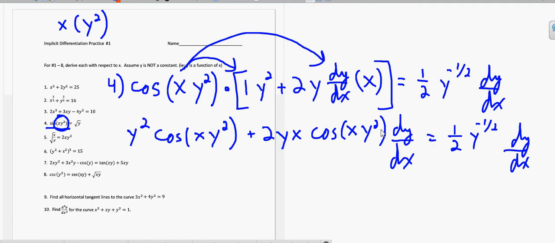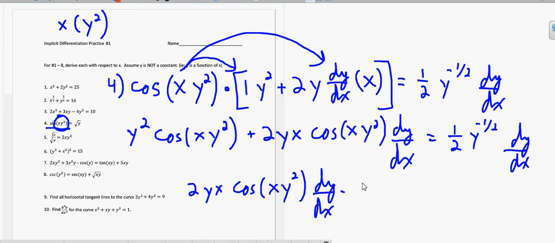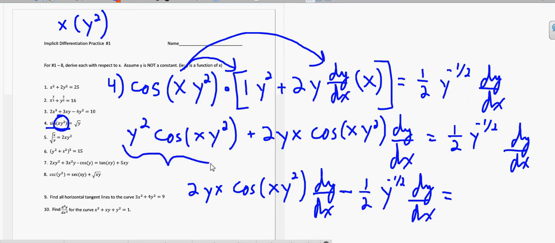So I'm going to leave 2yx cosine xy squared dy/dx on the left side. Okay, I'm going to subtract off this whole product, minus 1/2 y to the negative 1/2 dy/dx. And I'm moving this part over to the other side because it does not have a dy/dx: y squared cosine xy squared.